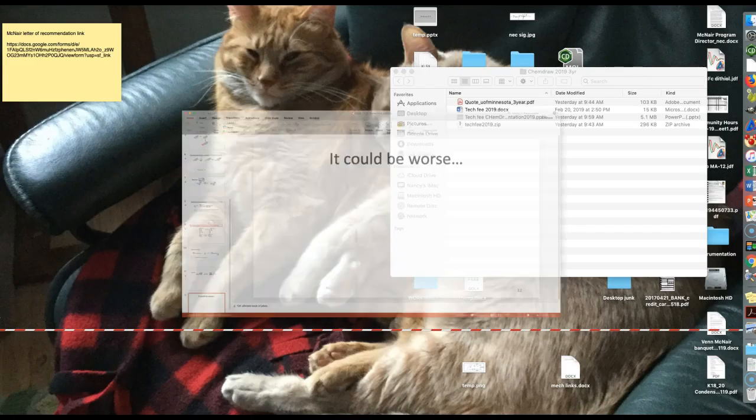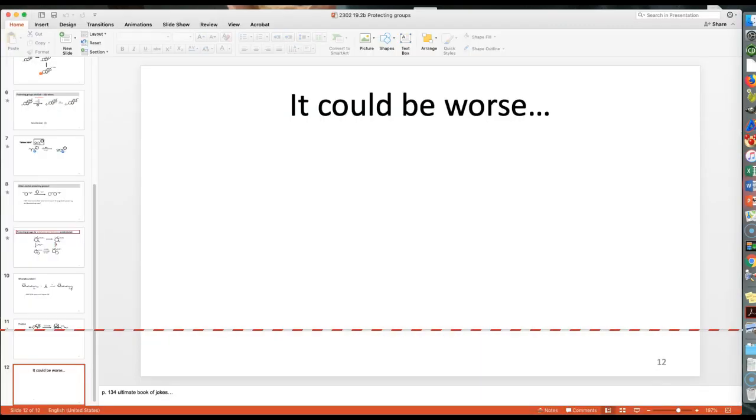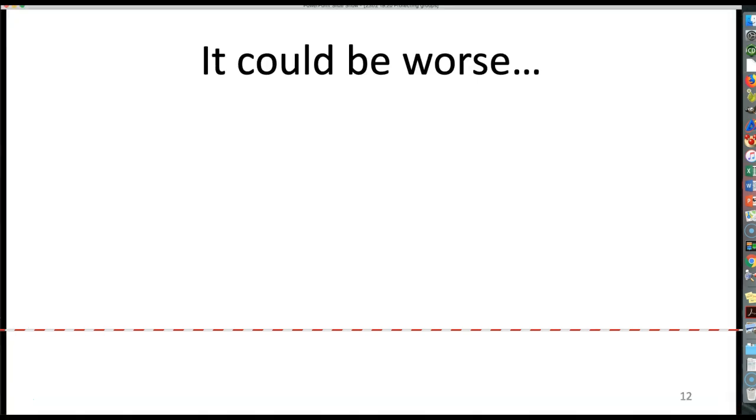It could be so bad that I completely forgot the punchline on this joke. So that means I'll just have to look it up real quickly because I can't remember anything. And basically, how much worse could it be? Well, it's this bad. A doctor says to his patient, I have some bad news and I have worse news.